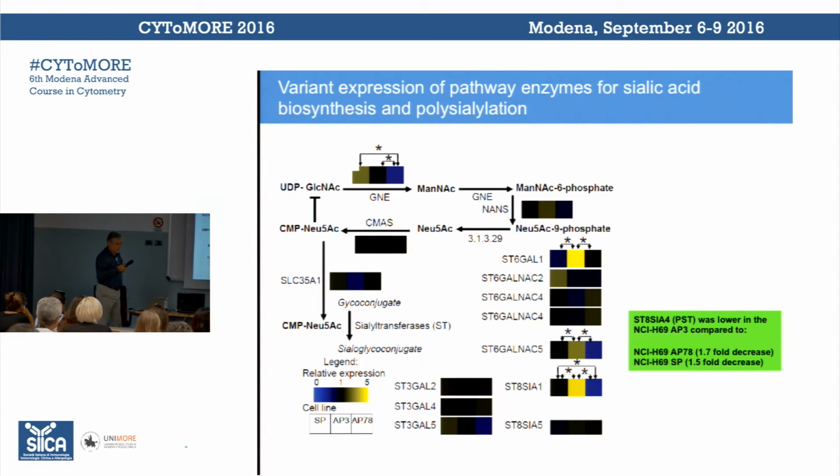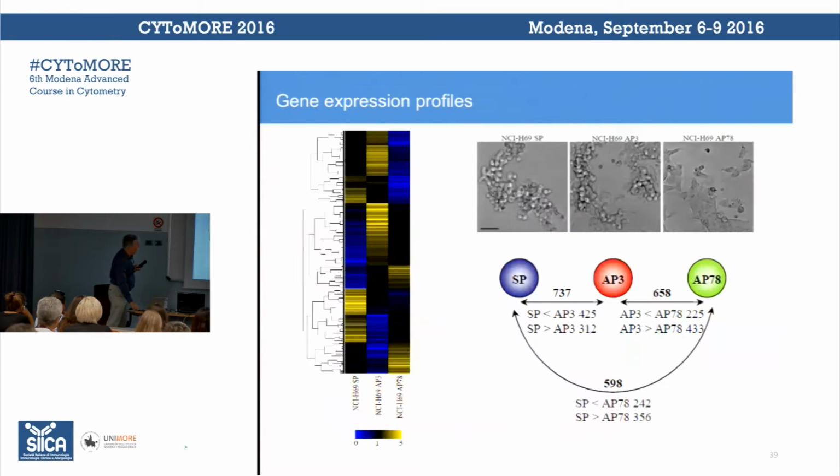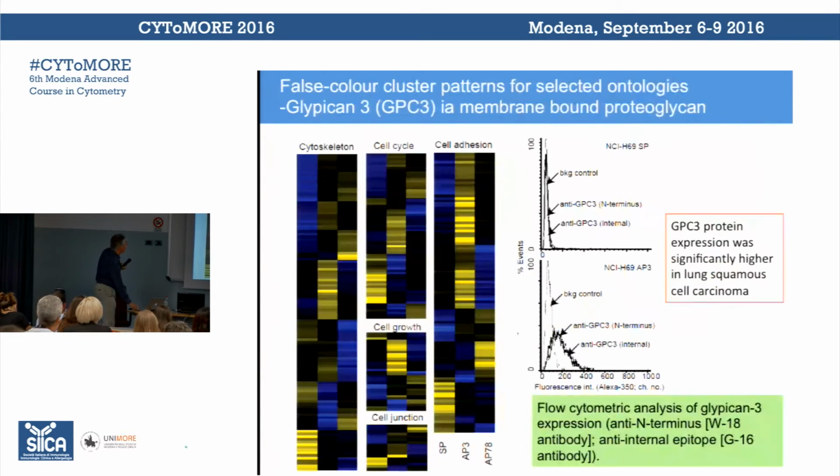So this means that there's been a downregulation of the polysialyltransferase. This is within a background of a whole series of gene changes taking place here within a few weeks, just by the way in which you're culturing the cells. Really quite disturbing, but indicating the extent of gene changes associated with those transitions.